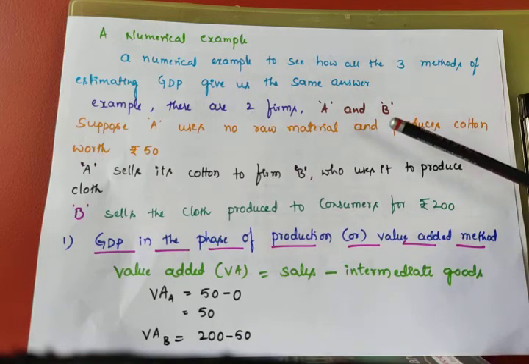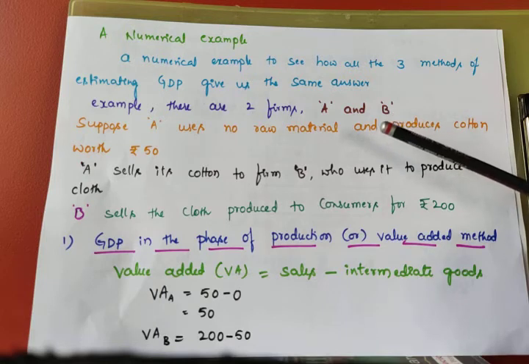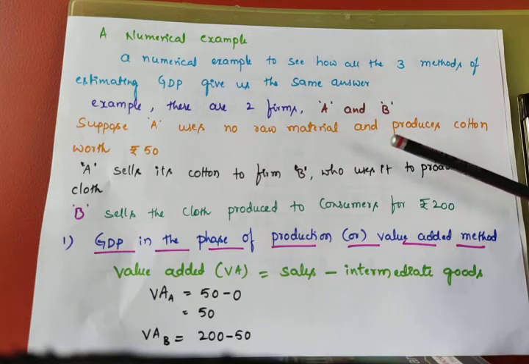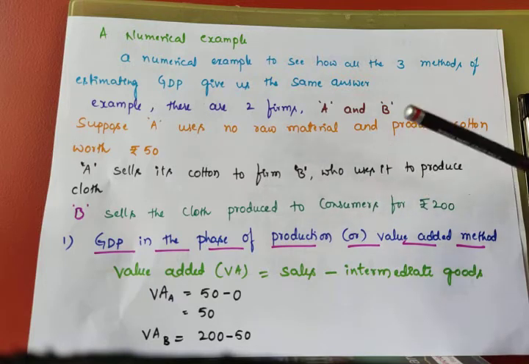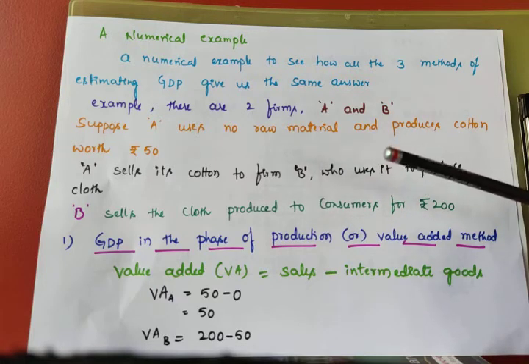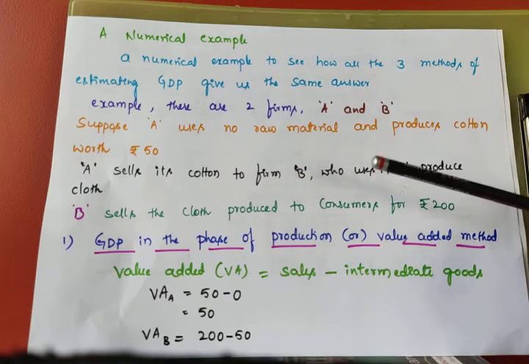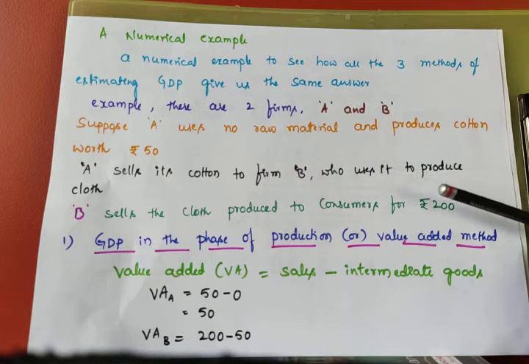Here firm A, without using any raw material, produces cotton worth rupees 50 and sells it to firm B, and firm B produces the cloth and sells it to consumers for rupees 200. We have to calculate national income with these three methods.